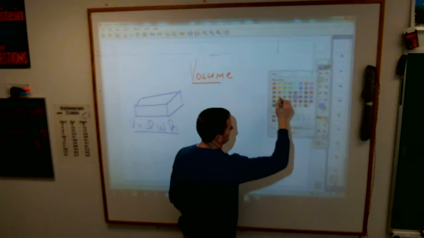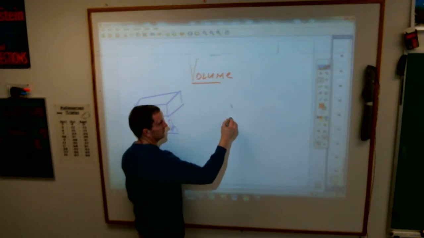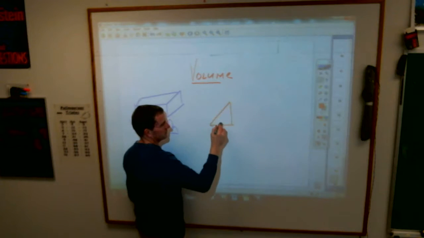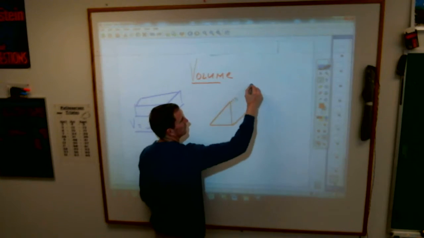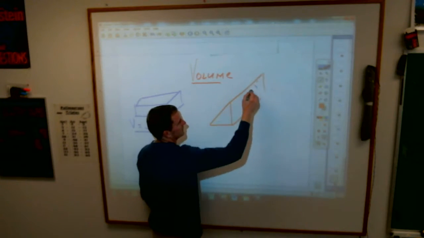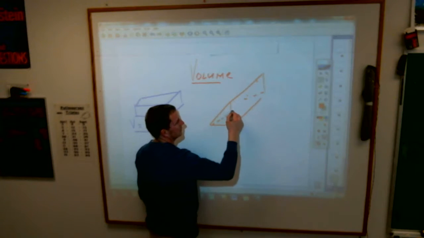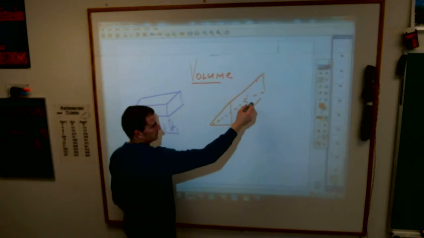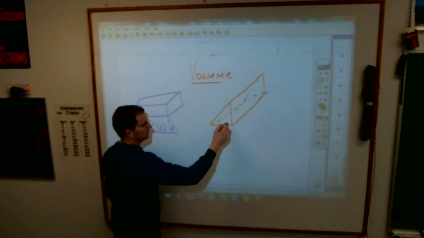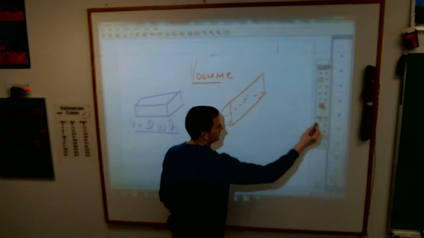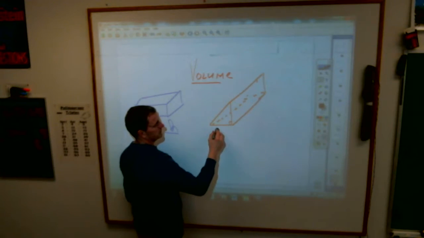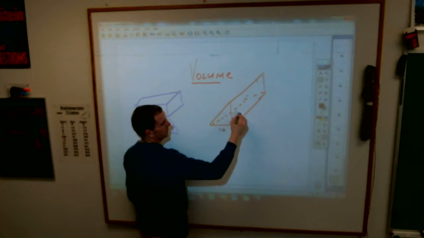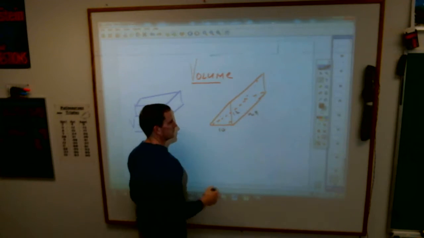Say I start off with my triangle that looks like this, and it shoots off like this. I'll throw some dimensions out at you here, we'll just make it easy for us. Let's say this is 10, 12, and 20.